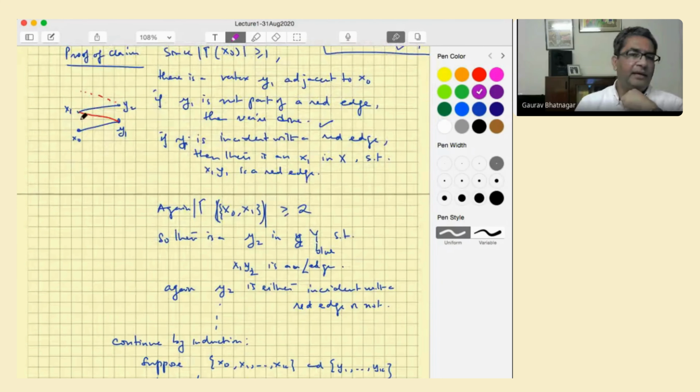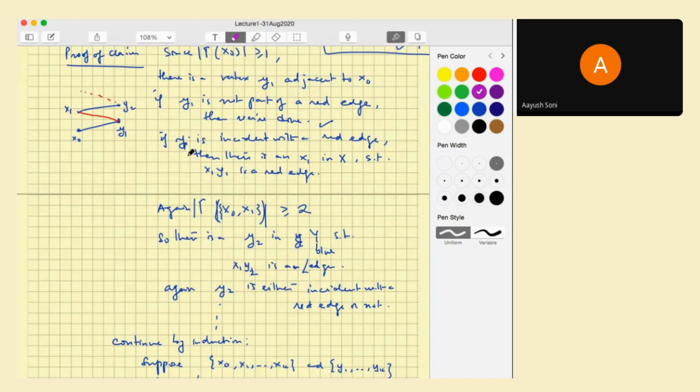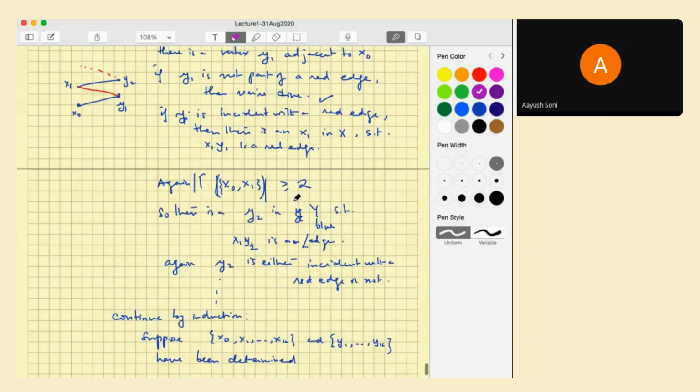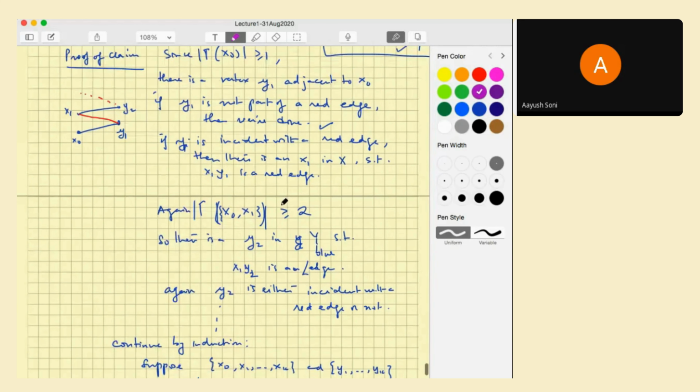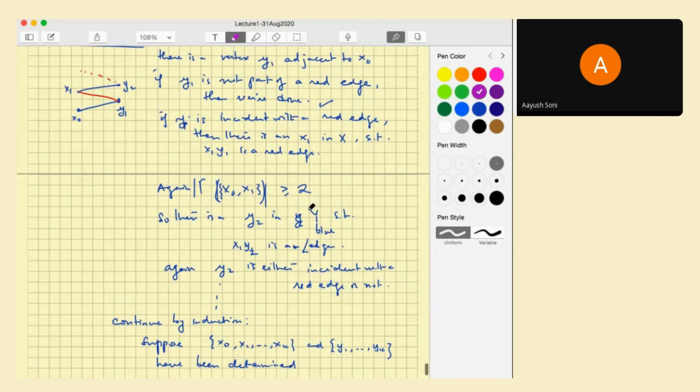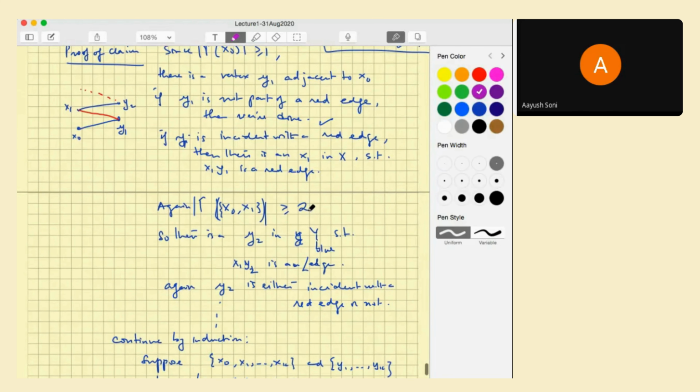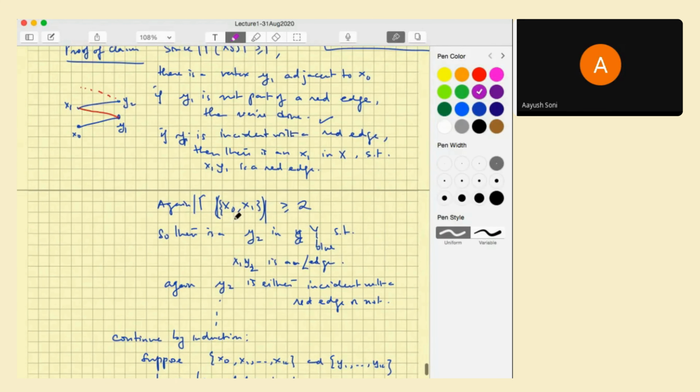I am a bit unclear about why there has to exist a y2 in Y. Because if the cardinality of gamma of x naught, x1 is greater than or equal to 2, then the two edges we can take are x naught y1 and x1 y1, right? We don't need a y2.